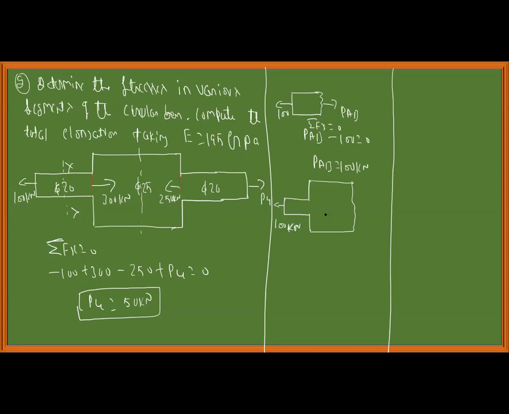It will be very easy. A, B, C. This is P of BC, and there is a load 300 kilonewton. Summation of forces in x direction is equal to 0. P of BC plus 300 minus 100 is equal to 0. P of BC is equal to minus 200 kilonewton.